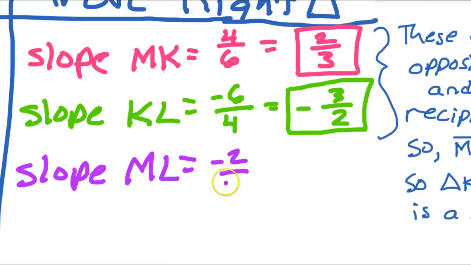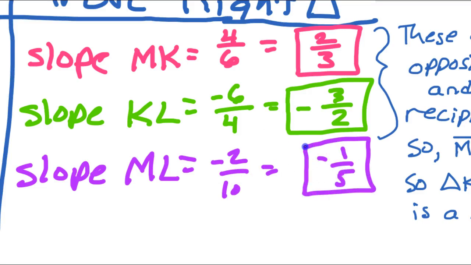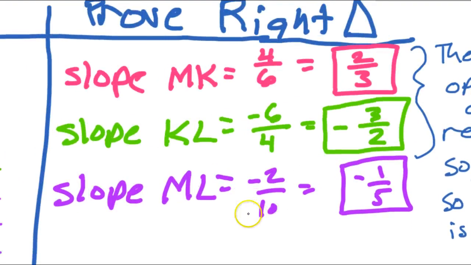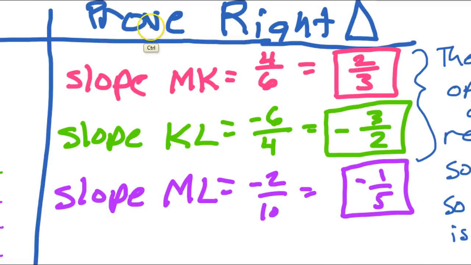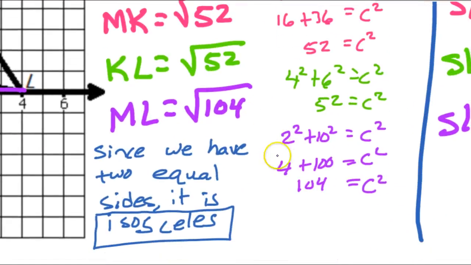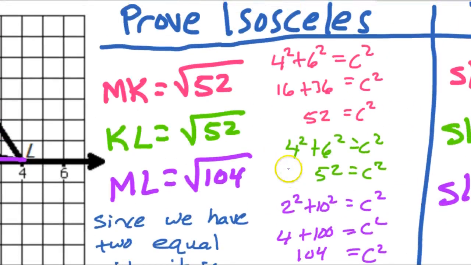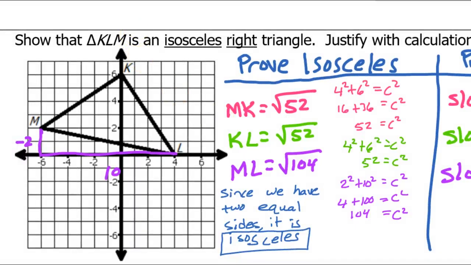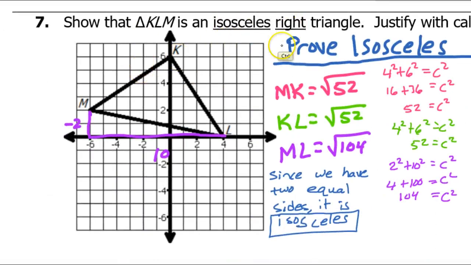So that's negative 2 over 10, which would be negative 1/5. Now we've proven that this is a right triangle. We proved that it was a right triangle, and we proved that it's isosceles. Together, that means it is an isosceles right triangle.